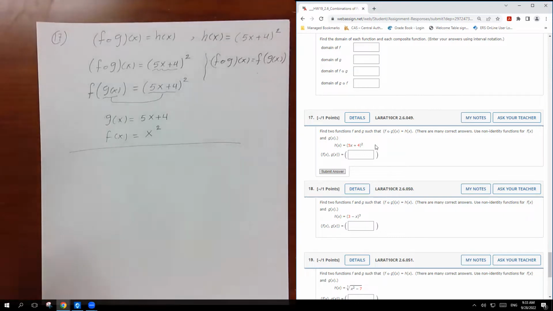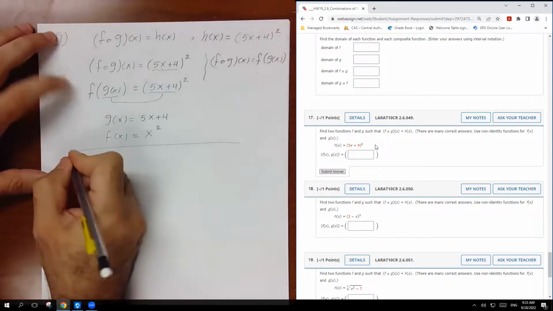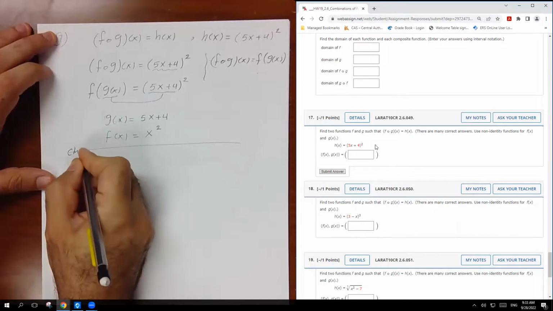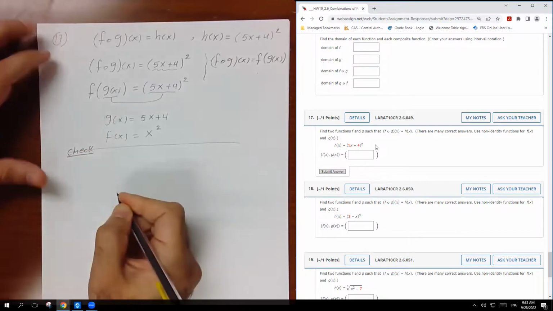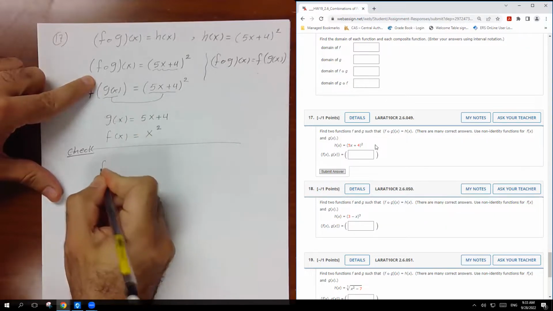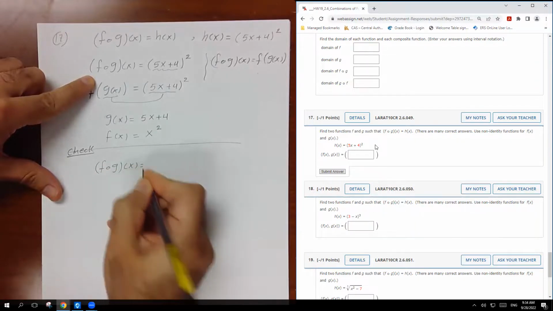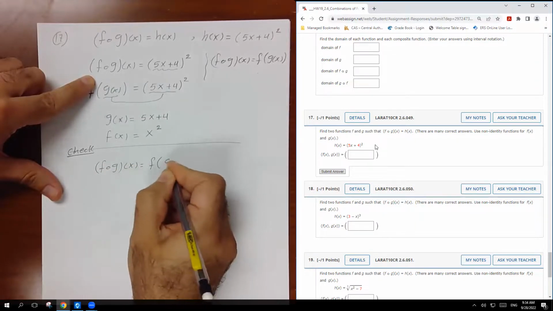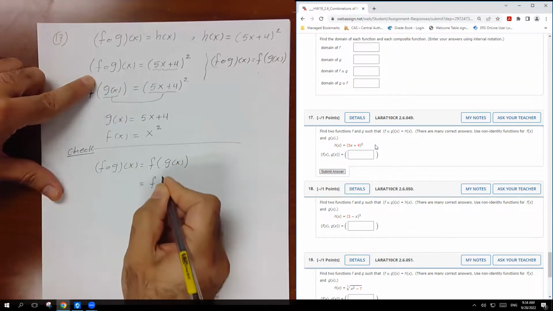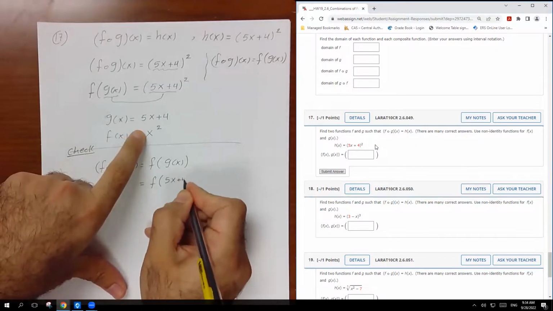How are we going to check this is the right solution? You have to go back just to check. You're going to go back and use these two functions to find f composite with g of x, which is going to be f, and here is g of x, 5x plus 4.